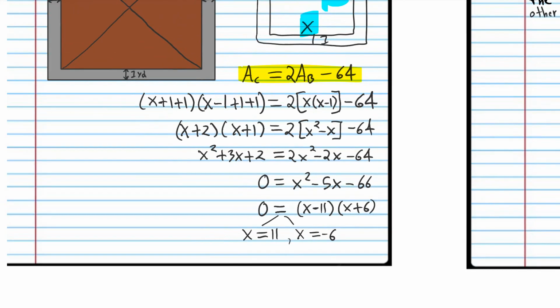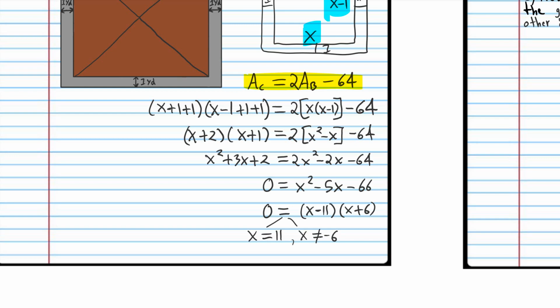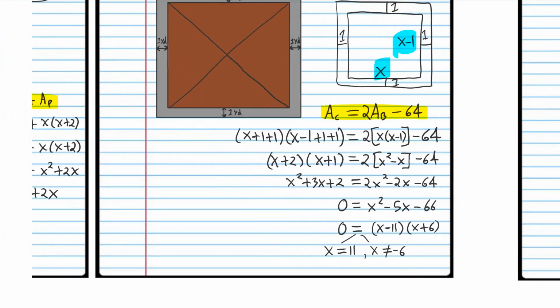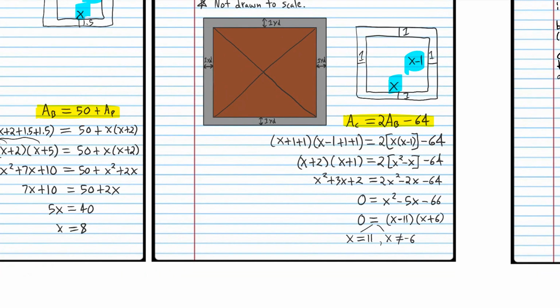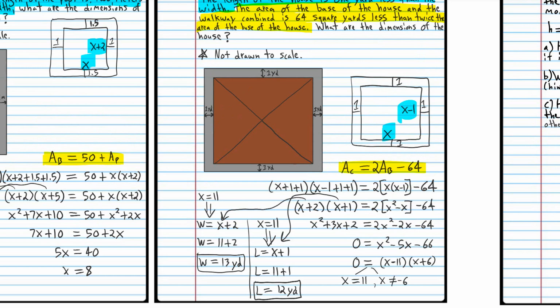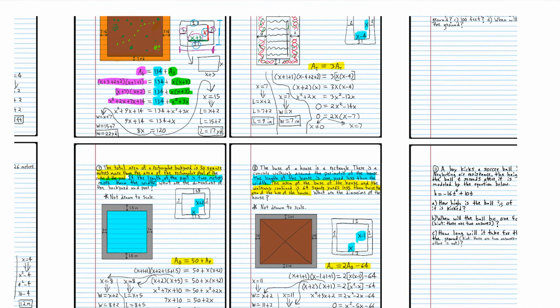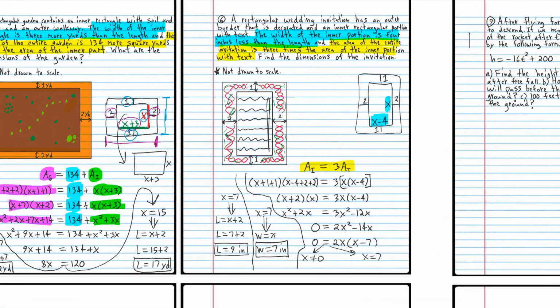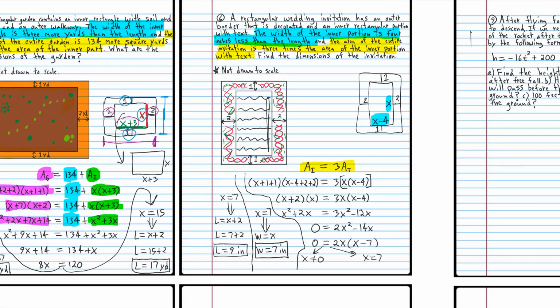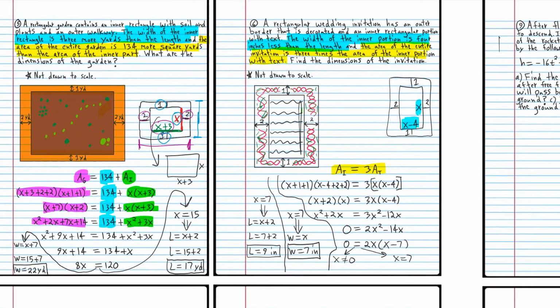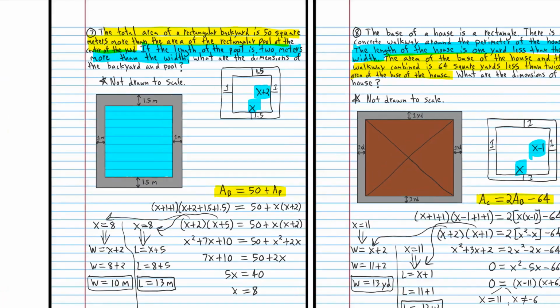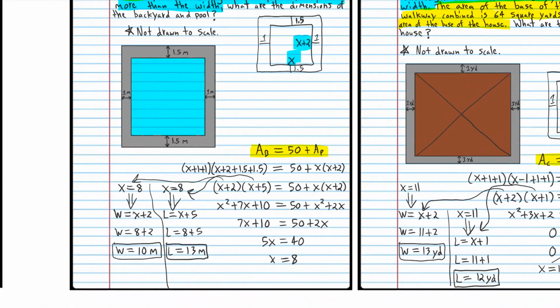So negative 6 obviously doesn't work because we can't have a negative length. So then we plug in 11. Actually, it wants the dimensions of the house. And I just realized in the previous problem, it wants the dimensions of the pool. So in these two problems, it was probably okay to just write the overall dimensions. But in these problems, we need to find the dimensions of the pool.